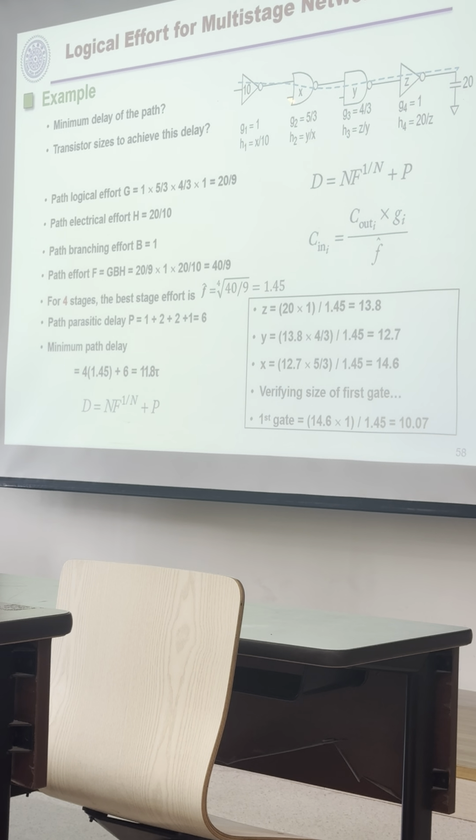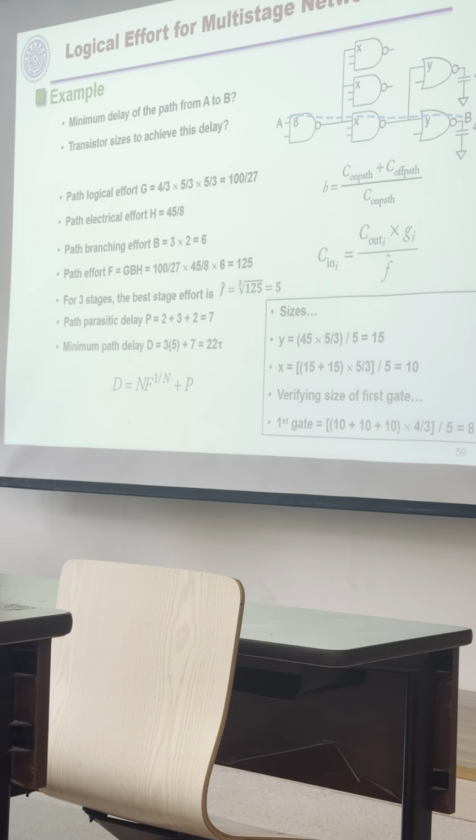Getting G and H is very simple. And this sometimes will be one. Make sure you understand this meaning. Sometimes we will add another branch in here. How many stages? How do you calculate the hat F? How do you count the P? You can use the table, and at the end you can get this minimum path delay here. You should still practice calculating this, because the exam will still test these.